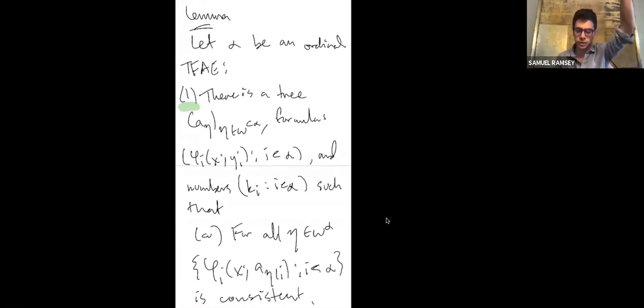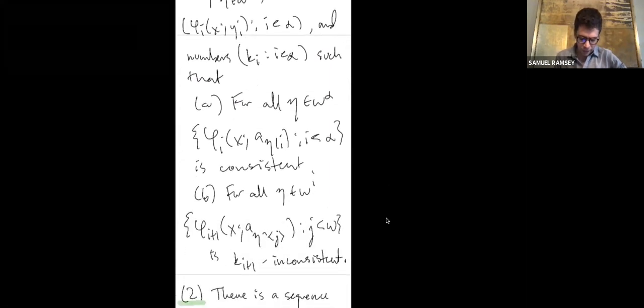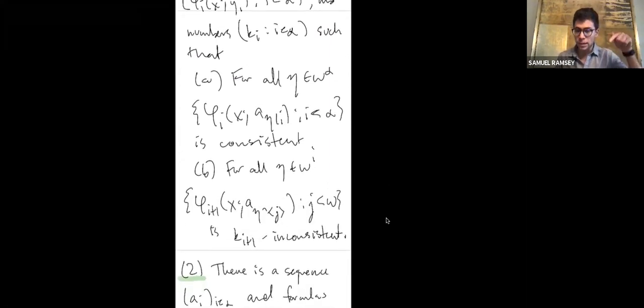That gives you a consistent partial type. And if you look at some node along the way and its immediate descendants and plug those into the formula at the corresponding level, that's going to be k_{i+1} inconsistent, where i+1 is the level at which you're plugging things in. So that gives you a tree. It's exactly like the tree property, except the k and the phi can vary with the level.